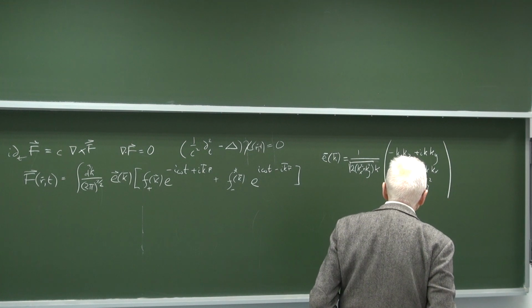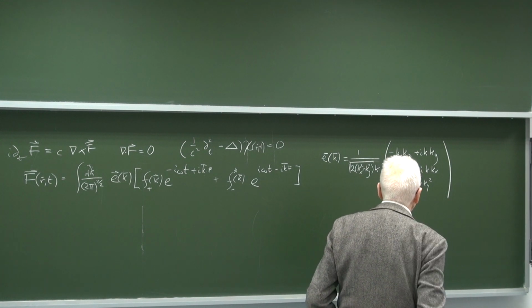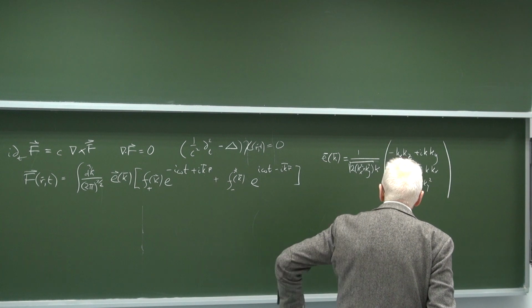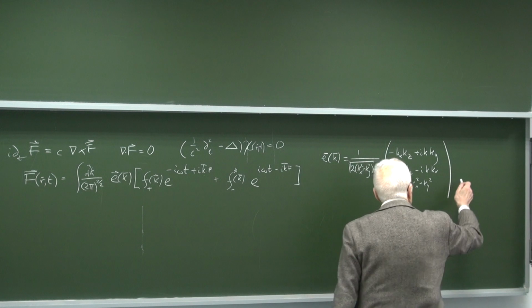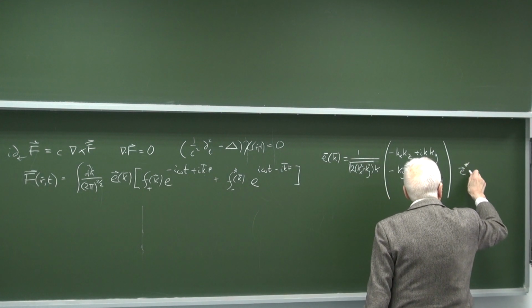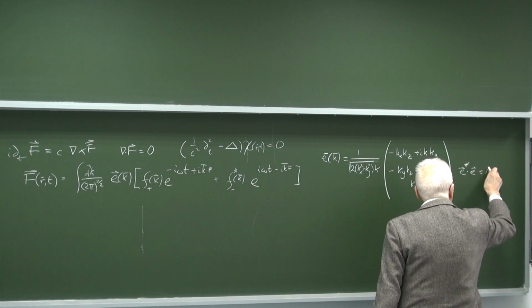So this is the form of this polarization vector, which is normalized to 1 because of this condition, that is E star dot E is equal to 1.